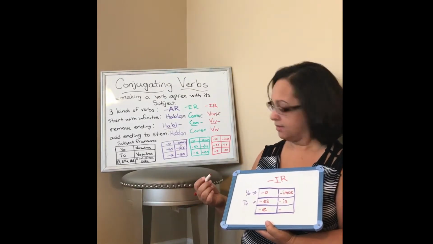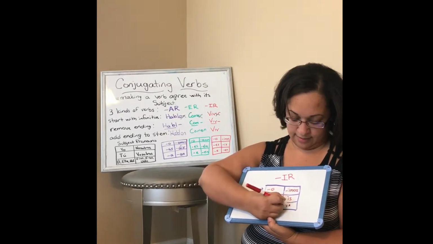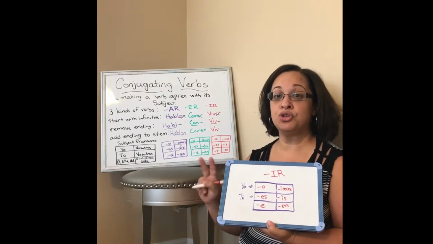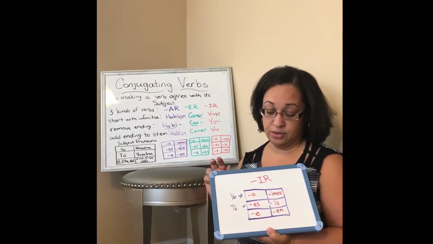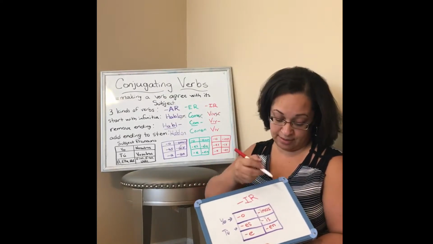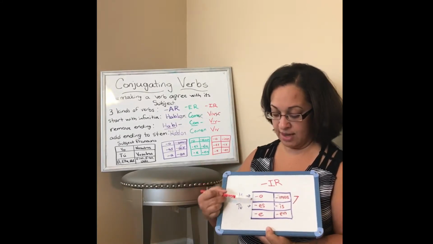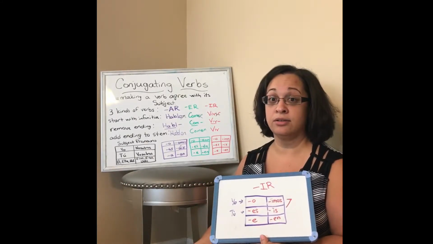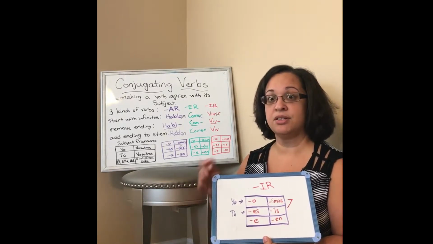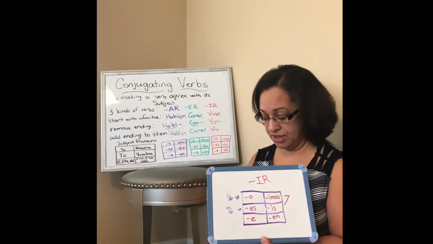And then you've got the en, E-N, so that doesn't change from ER. So really the only two different forms for the IR endings would be the nosotros and the vosotros forms. Everything else remains the same as the ER conjugation. I wanted to list them out separately, just in case you want to keep those separate and study them that way, whatever's easier for you.